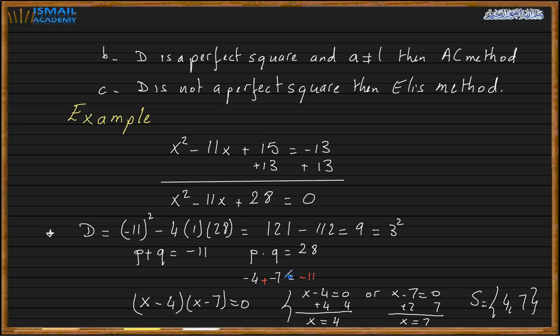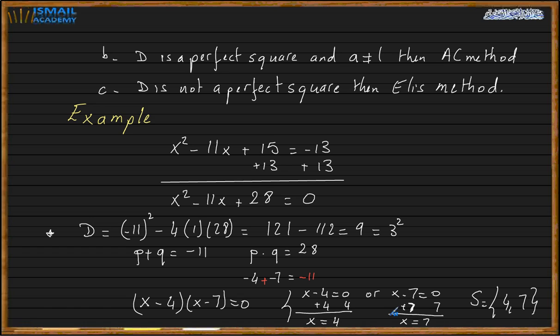So if I take minus 4 times minus 7, it's going to give me 28, and if I add them, it will give minus 11. So I factor this into x minus 4 times x minus 7. The product of two numbers equals 0, which means one of them is 0. So I make the first one equal 0, and I put OR, the second one equals 0. Then I solve for x, using the concept of linear equations.